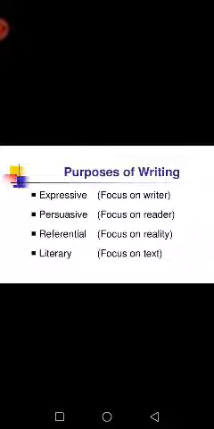So there are different ways of exploring reality. While the fourth one, literary, needs a text. The writer needs a text to depend on, a type of text, what he's going to write in this text.